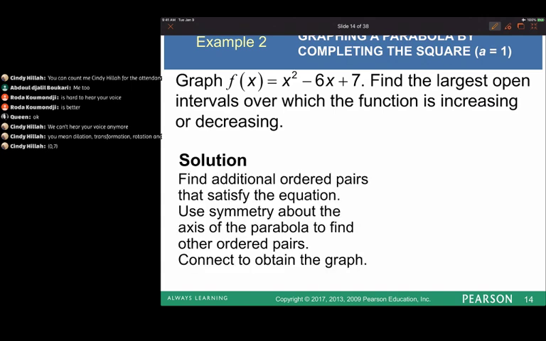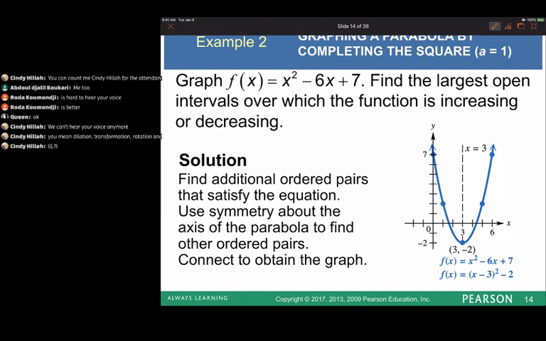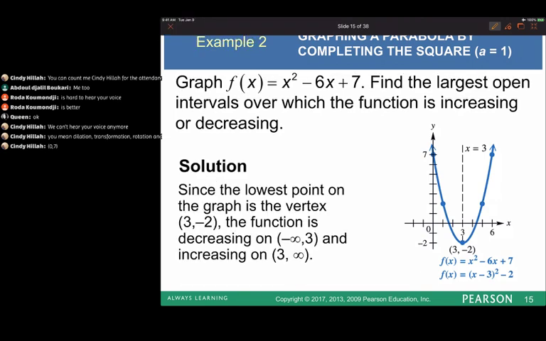Then they found a few additional points. I used the symmetry. When I found the y-intercept, I noticed when we went left 3, we were at 7. So if we go right 3, we're also at 7. A few additional points, we connect them. So then it's pretty clear. That's the same graph that we got when we did it by hand. Domain and range is the same, and then answer the question. Since the vertex is the lowest point, it's decreasing, then increasing. You see that we got the same results.